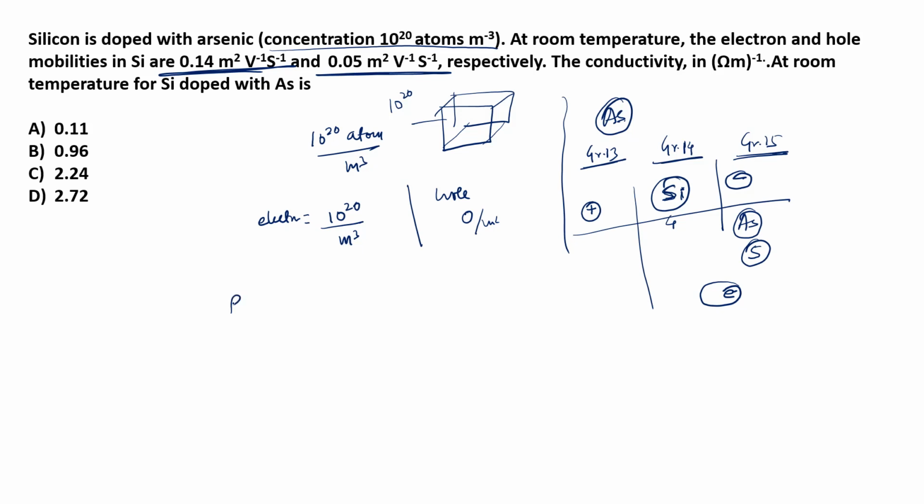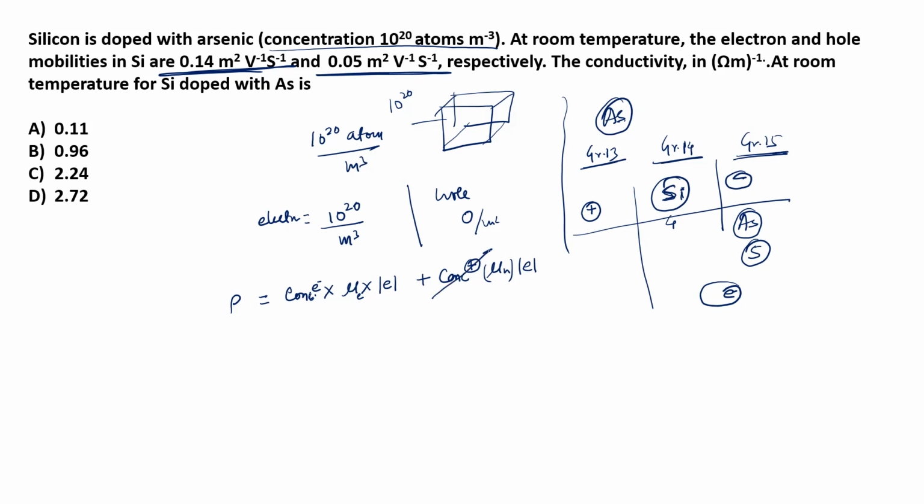We know the conductivity formula: concentration times mobility times the charge of an electron. So we write concentration of electrons times mobility of electrons plus concentration of holes times mobility of holes, then the charge.